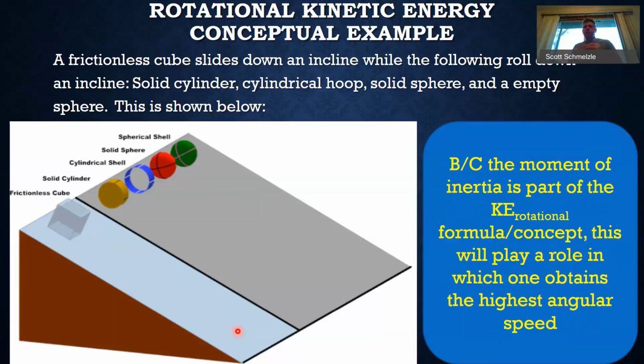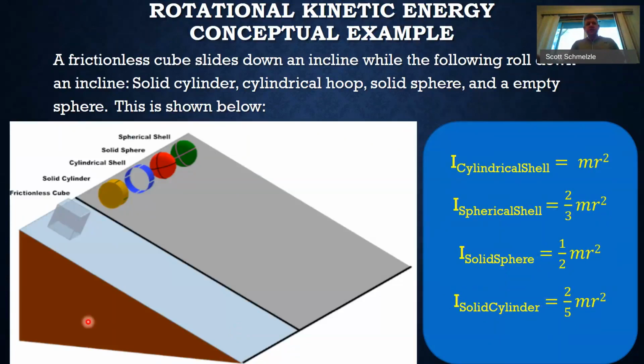Because the moment of inertia is part of the rotational kinetic energy formula, this will play a role in which one obtains the highest speed. If they all have the same mass and radius, then the GPE turning into KE is going to be the same for all of them. So based on that formula, I, the moment of inertia, becomes the determining factor.